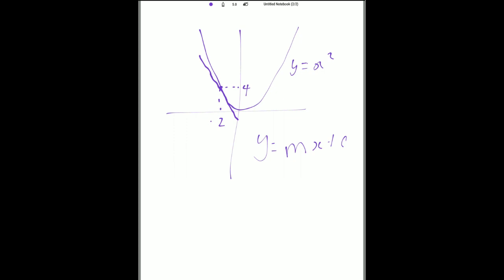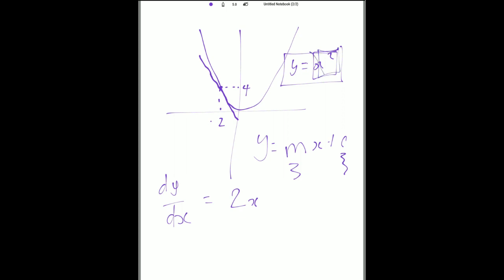Now, to find the gradient, which is m, where c is the y-intercept, we are going to differentiate the equation of the curve. So dy by dx would be equal to 2x, because the first derivative of x squared is 2x.